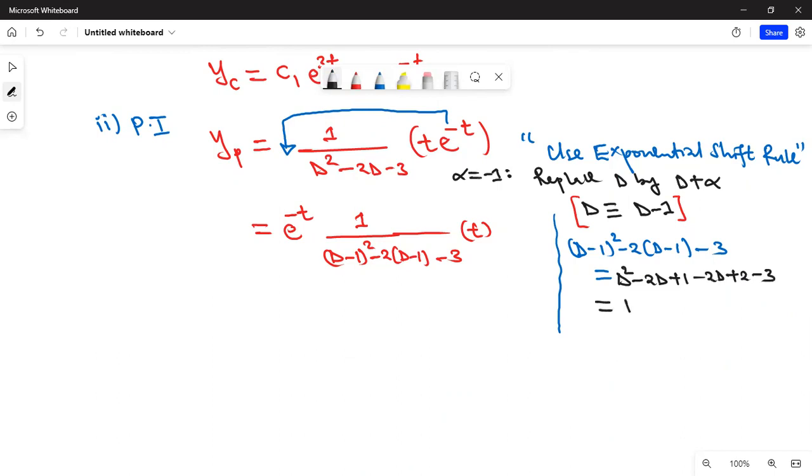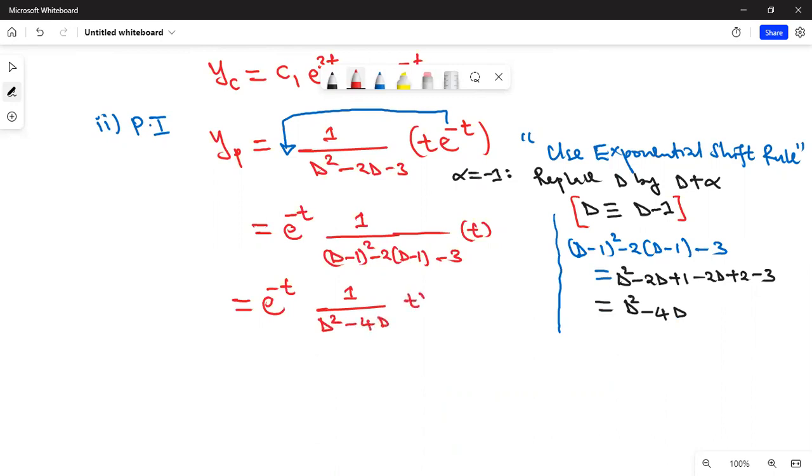And so this is the same as D squared minus 4D plus 0, which I don't need to write. So this can now be written as exponential negative t times 1 over D squared minus 4D.